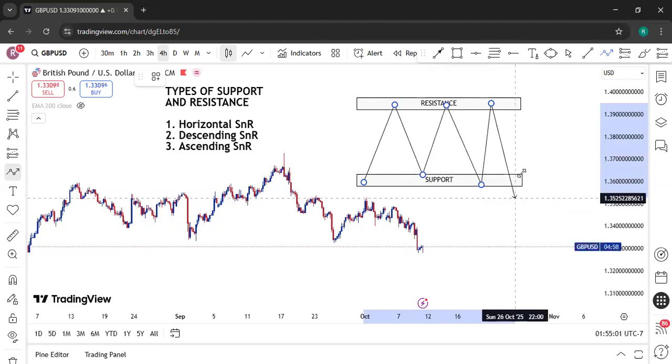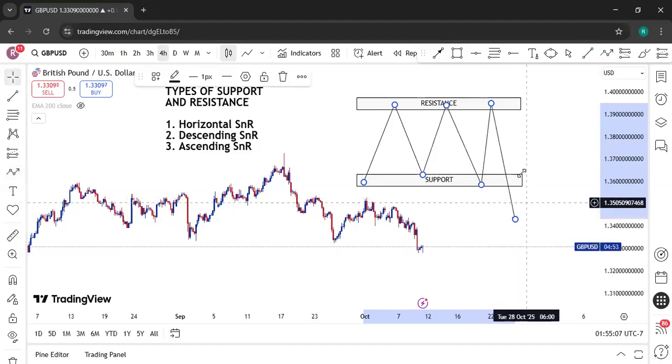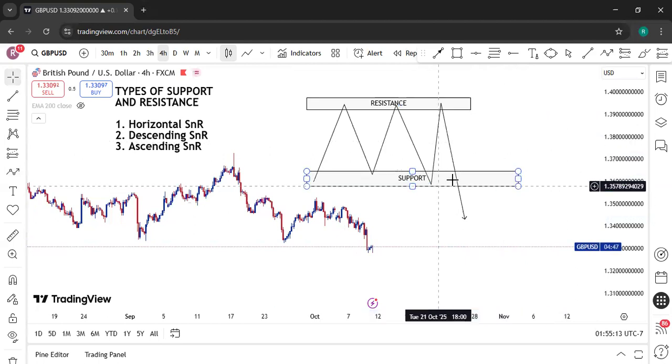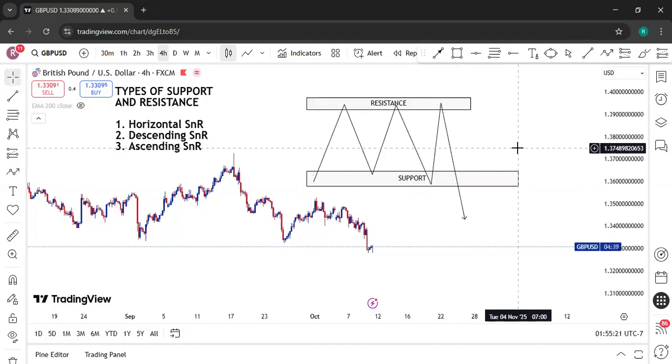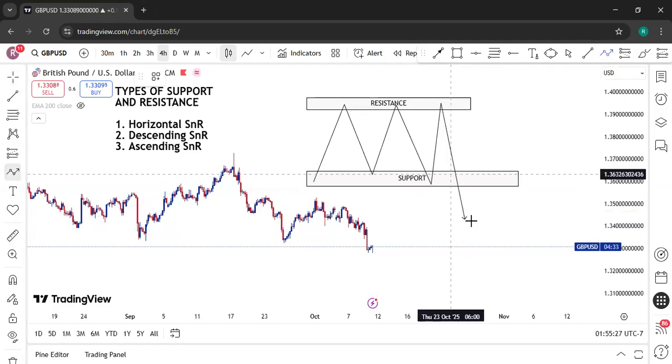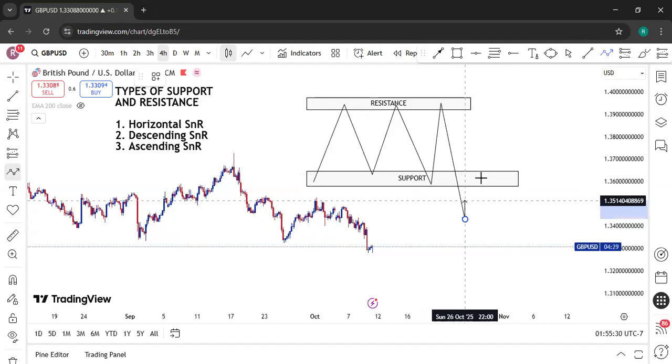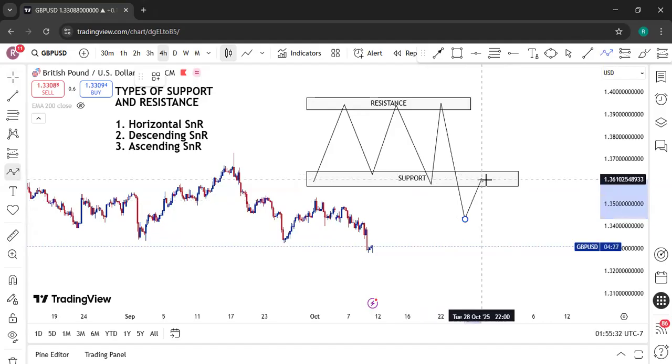This area that it broke away from, initially it was support. But now that we have seen it break out of it, it's no longer going to serve as support. It would now serve as a new resistance because we need a point of resistance to sell from. We initially wanted to buy from here, but the support was breached. Now we expect the price will go back so that this new support will become a new resistance.